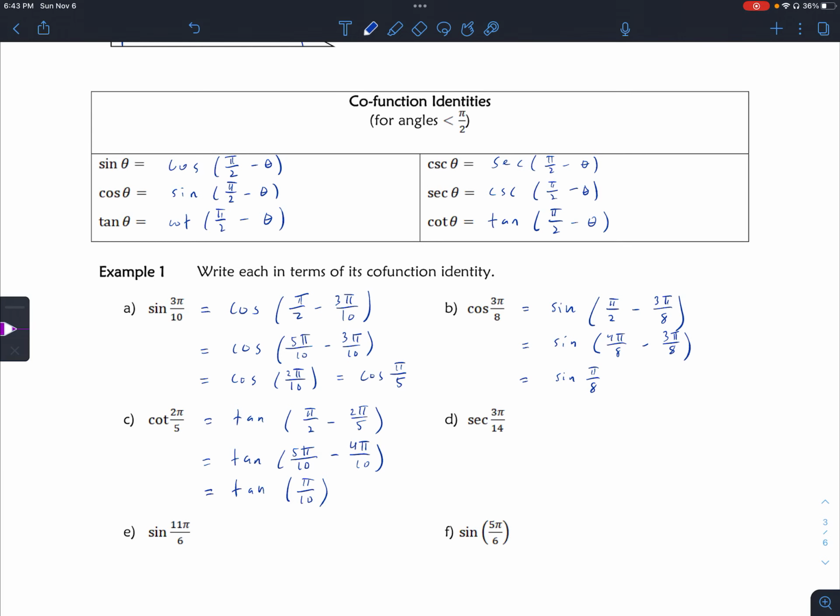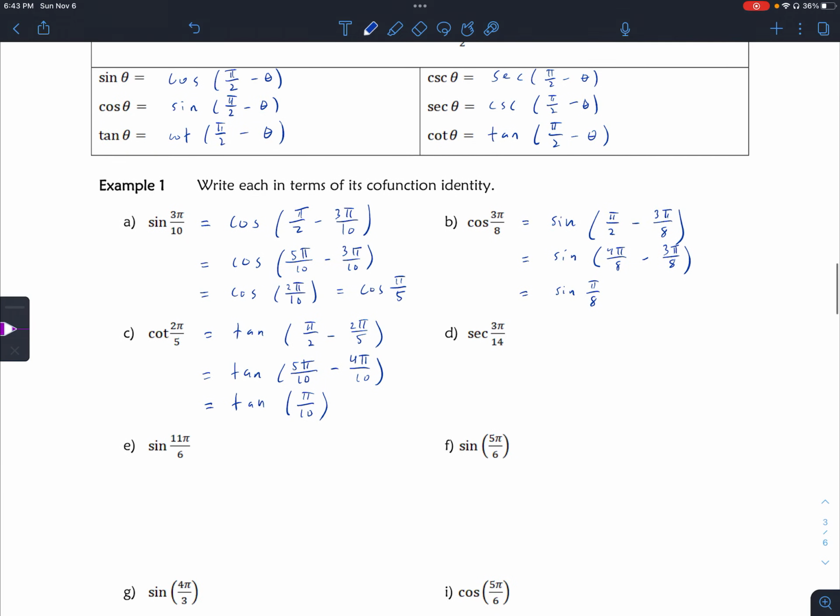Okay. Now for secant, we know that's going to be cosecant of pi over 2 minus 3 pi over 14, sorry.